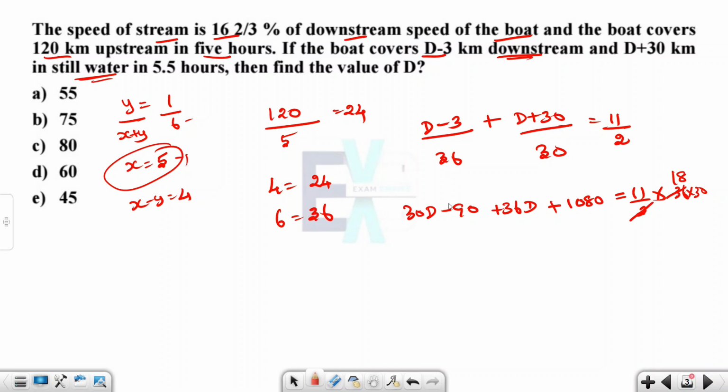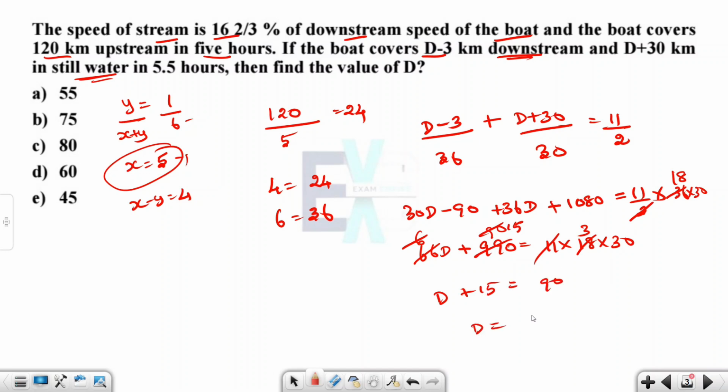So 30d plus 36d gives 66d, and 1080 minus 90 gives 990 is equal to 11 into 18 into 30. If we cancel, we get 6 and 90. Canceling again, d plus 15 is equal to 90. So d will be 75. So the answer for this one is 75 kilometers.